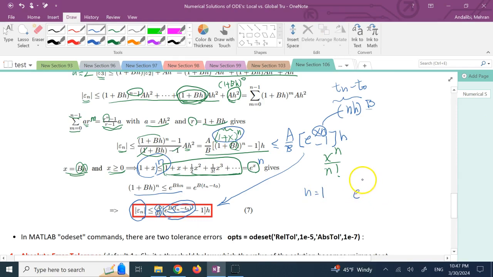It is e to the b, and then t1 minus t0 is simply h, right? Minus 1 times h times b over a. But if n is 2, we have b over a times e to the 2bh minus 1 times h.